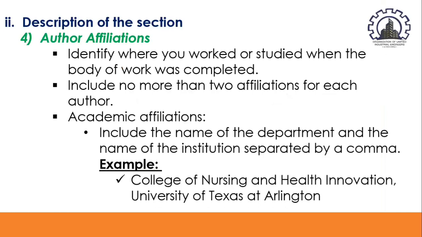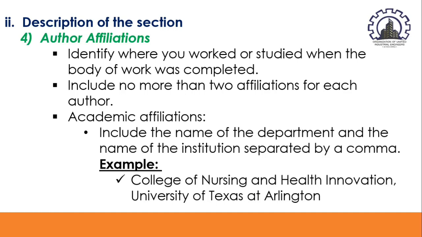For author affiliations, you need to identify where you worked or studied when the body of work was completed. So you need to specify the name of the department and the name of the college or the university you were studying when the body of work was completed. Also, it includes no more than 2 affiliations for each author. For academic affiliations, you need to include the name of the department and the name of the institution separated by a comma.